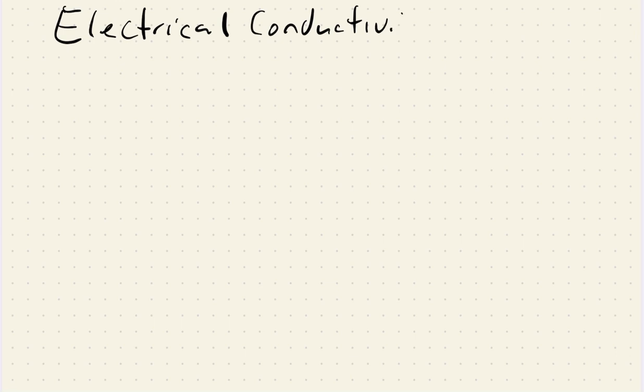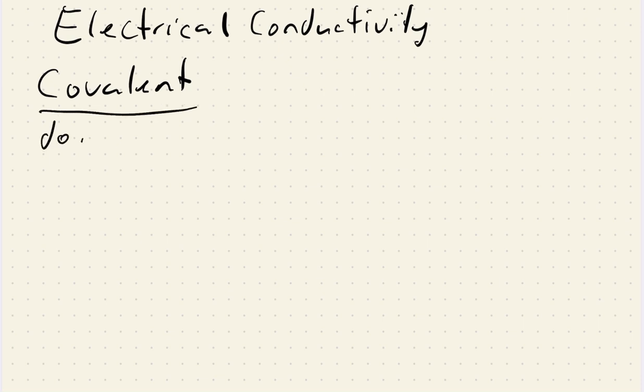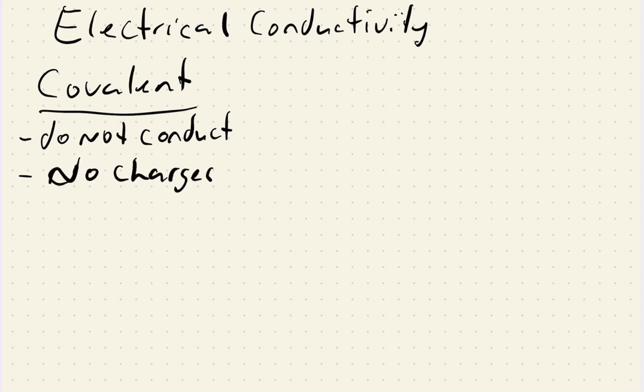We can also look at the electrical conductivity, the properties. You need to know this for the exam as well. Let's first look at covalent. Covalent substances are not good conductors. They do not conduct electricity. Most of the time, these are gases, but they do not conduct electricity even when they're solids. That's because there are no charged particles.